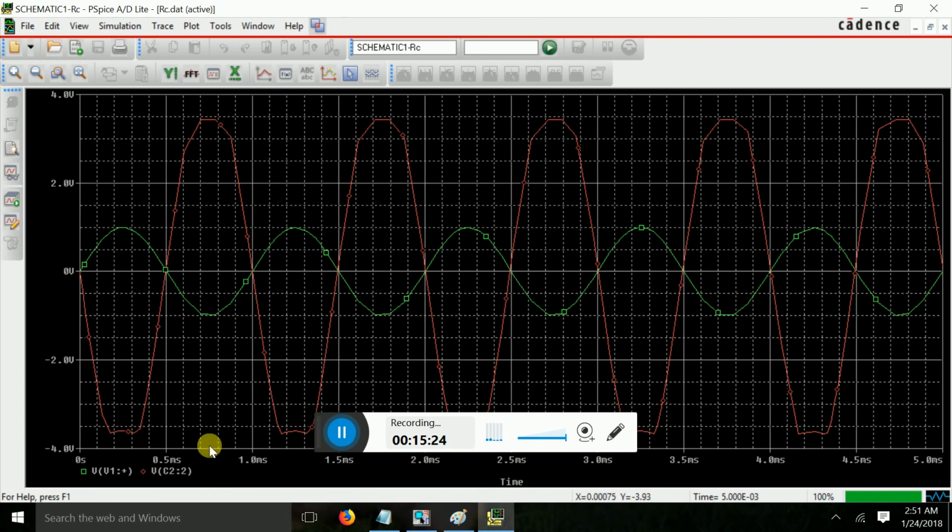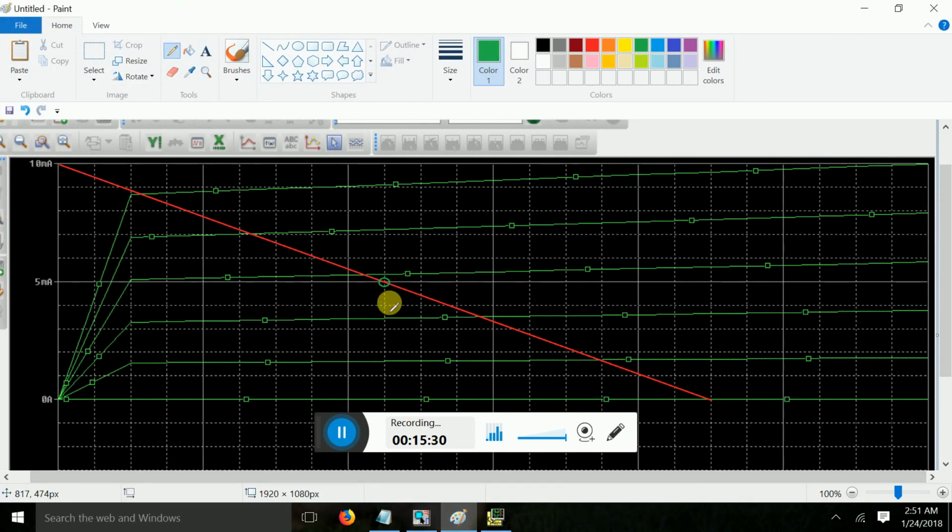The reason behind it is that when the output signal amplitude is 5 volts, it comes in this manner.